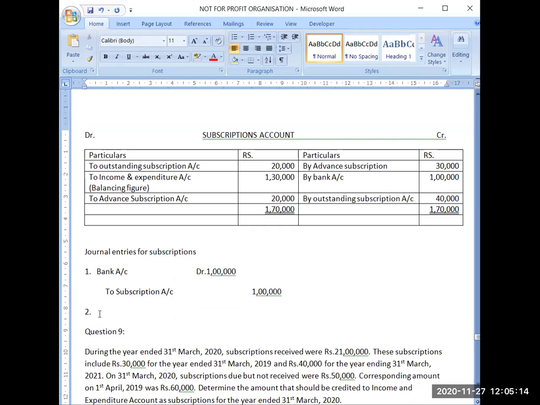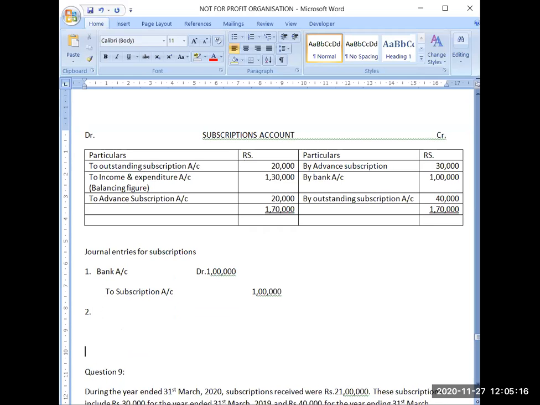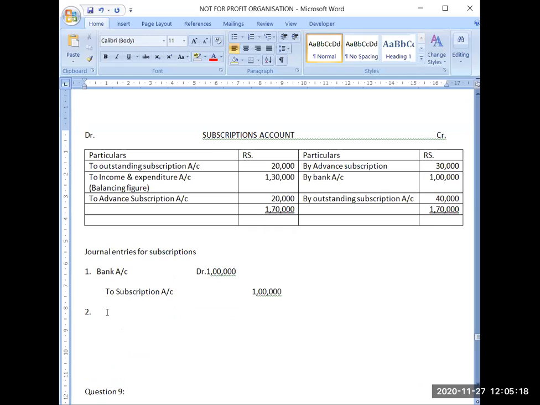Yes. So it will increase my income if I will account for it, or it will decrease my income. If I will do accounting of outstanding subscription, it will increase my income. And if I want to increase my income, I should credit the subscription account or I should debit the subscription account. First think about that.